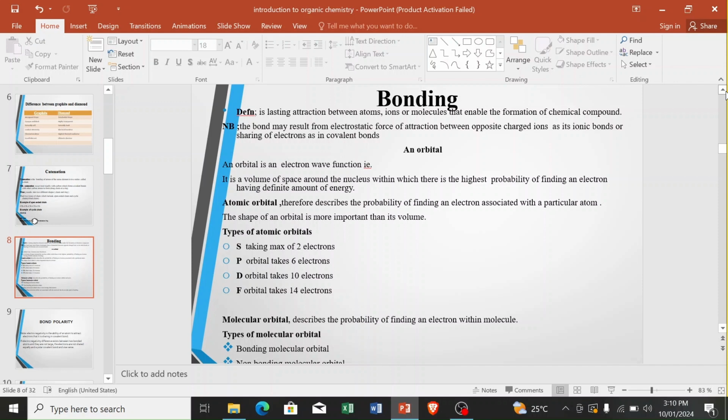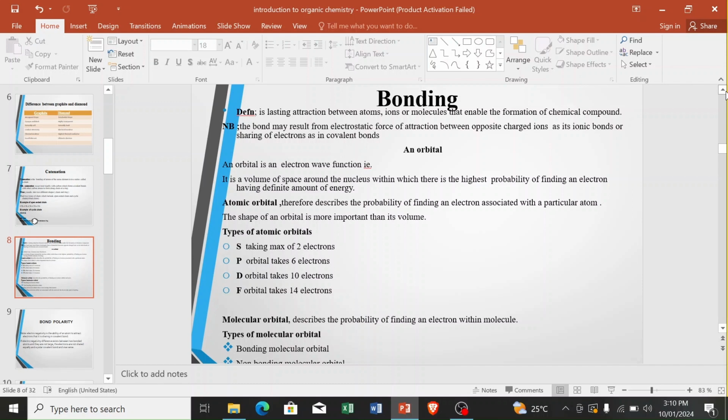And then covalent is when we have non-metals bonding to each other, having that attraction between themselves to form a covalent bond. Okay, so that is what bonding is.